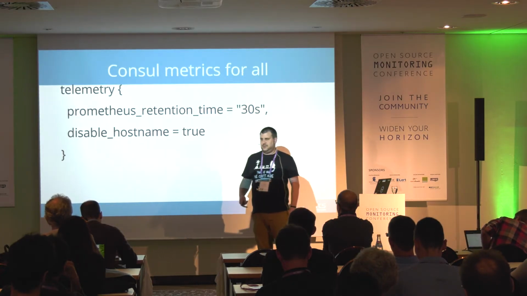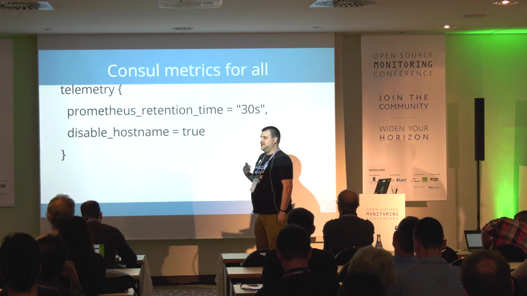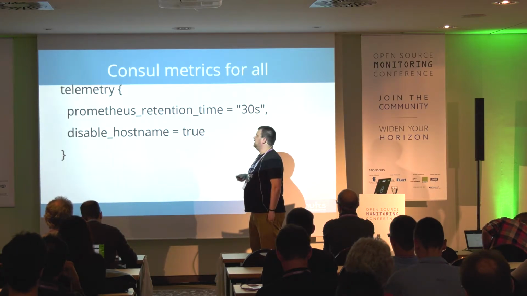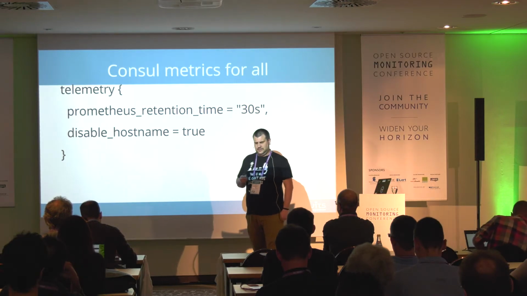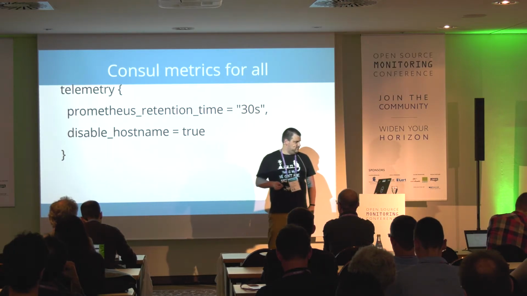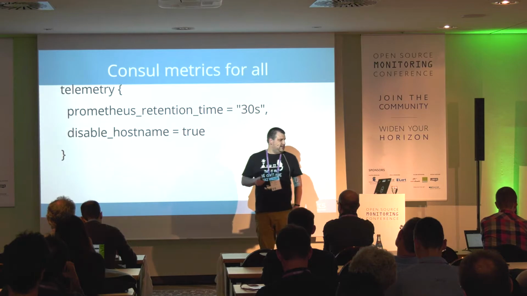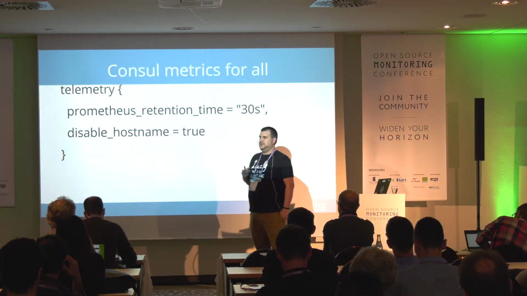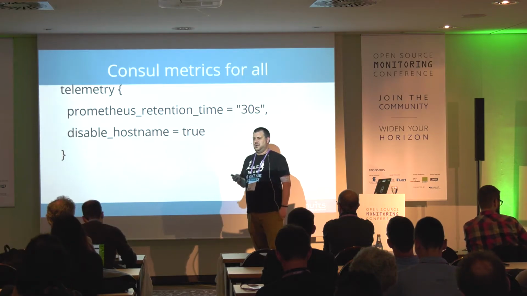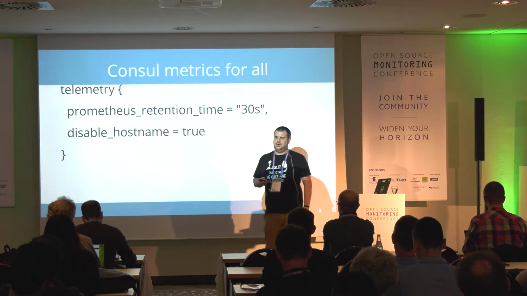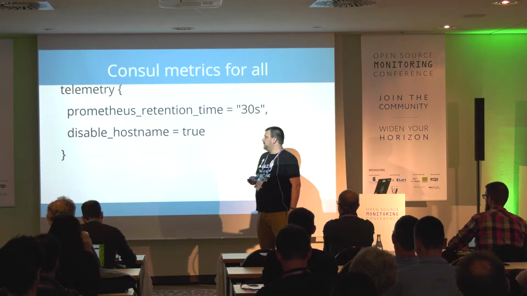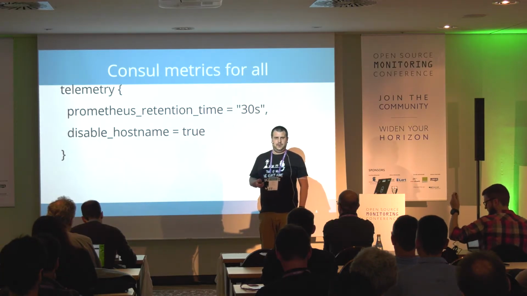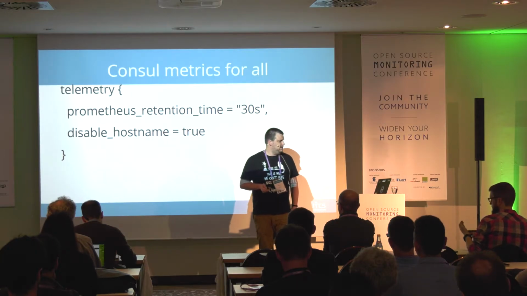Telemetry or metrics. Telemetry, as they call it, but metrics, as for us normal people, that's how they call it. It's fairly simple to turn on. It's 2-3 lines. It will tell you how long the data needs to be in the system. So in my case, it's 30 seconds. Otherwise, it gets flushed. And disable hostname, which doesn't prefix your information but uses tags.